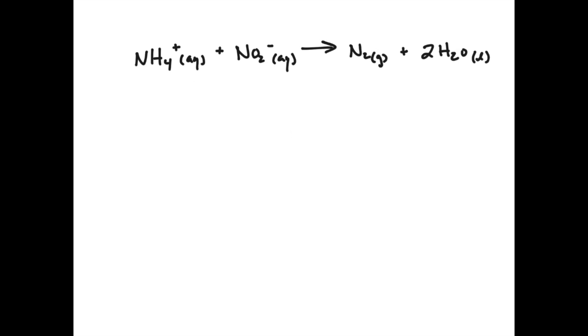So the example we're going to go over will be the following reaction. If we take ammonium ion and react it with nitrite ion to produce nitrogen gas and 2 water molecules in a liquid form. Now remember too, when we do kinetics, we're only dealing with the reactant side here, or at least determining here for what the rate law is going to be.